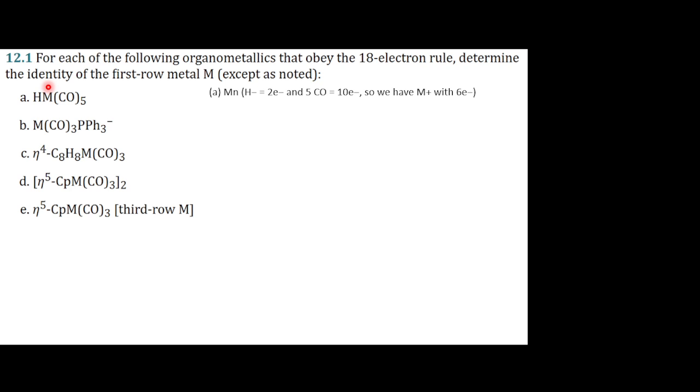So we need to account for 6 electrons, and the valence is going to be the 7 one, because we lost an electron. Can everybody see it okay? Yeah. So the M plus is what will have these 6 electrons.